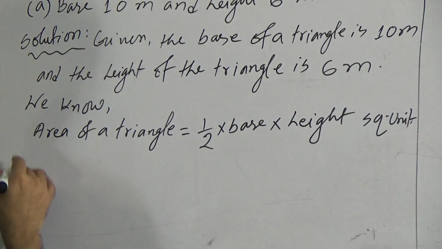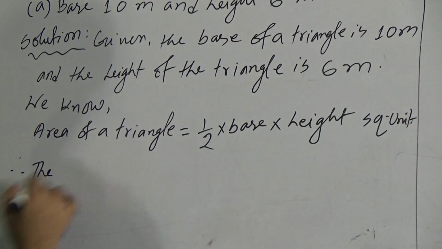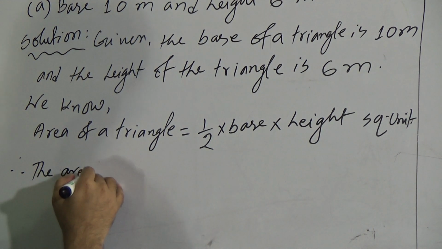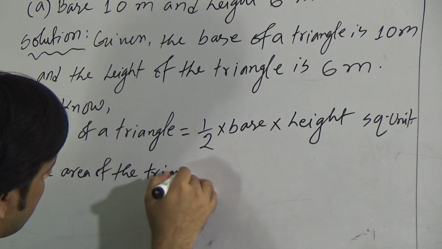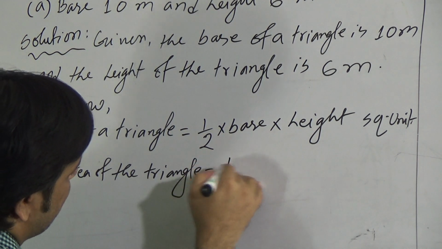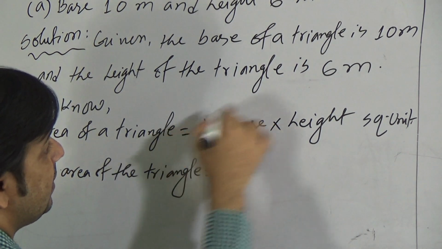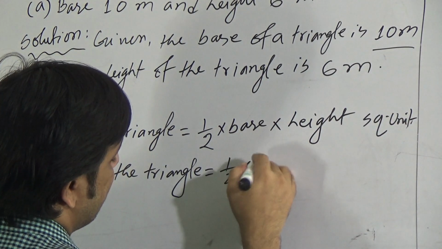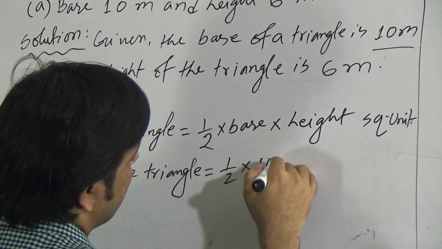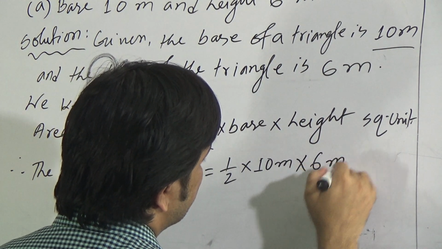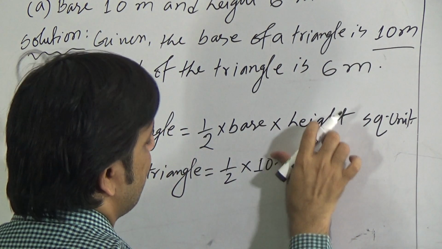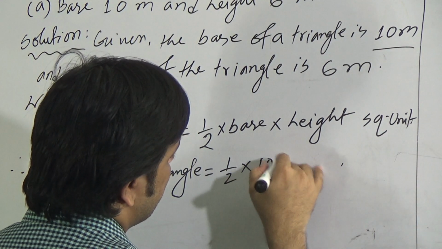So, we can write, therefore, the area of the triangle will be equal to half. Here the base is 10 meter, so we can write 10 meter into height is 6 meter. If we don't write unit here, we can write 10 into 6.